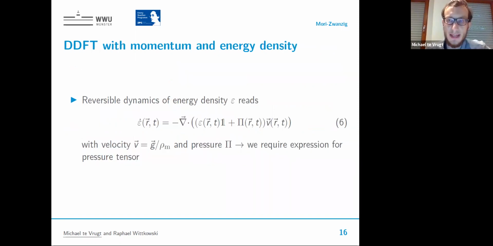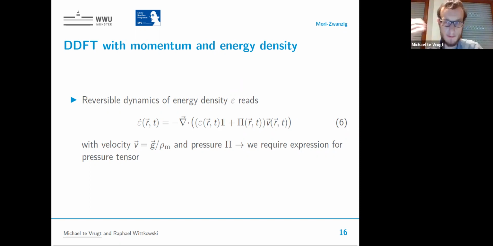But now I'm coming back just to standard passive Hamiltonian dynamics and to this well-known transport equation for the energy density. Because we want to include the momentum density, but of course we still want to include also the energy density, and including both is actually what makes things really difficult.